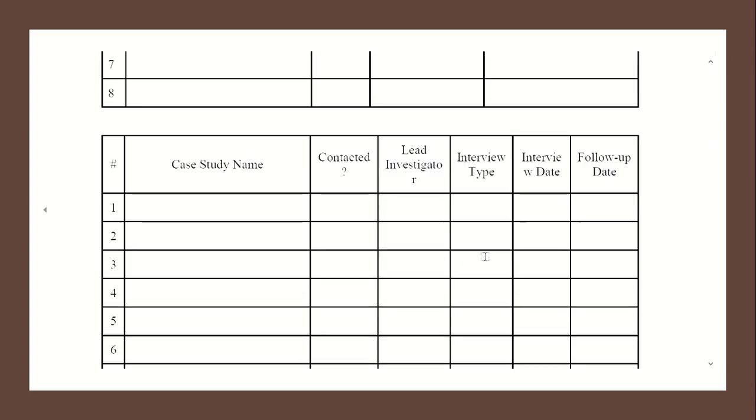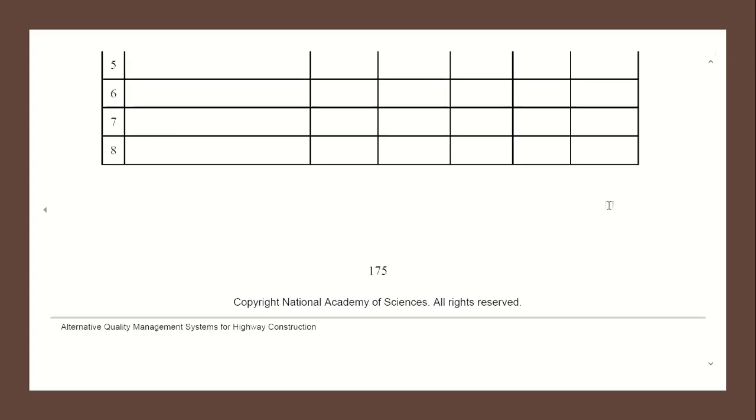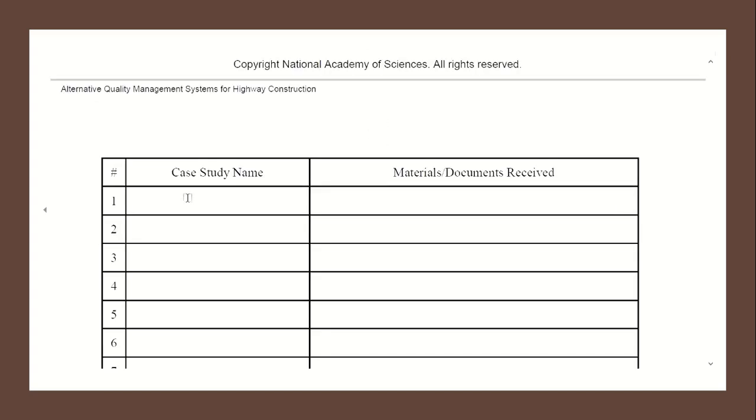And this other table shows case study name, which informant was contacted, who was the lead investigator, what kind of interview type, the date of the interview, and any other follow-up activity and the date of it. And this shows the name of the case study and what kind of materials and documents they received.